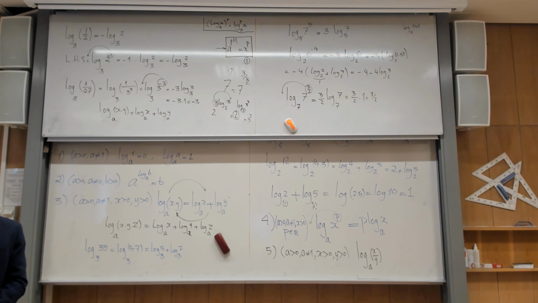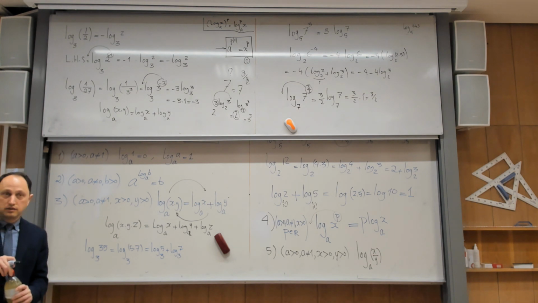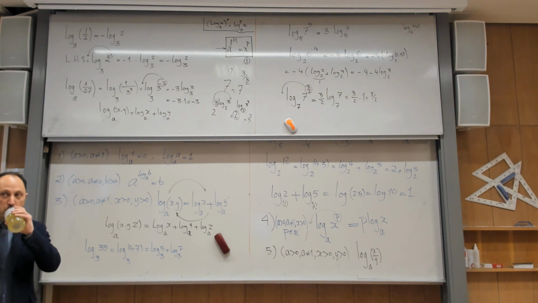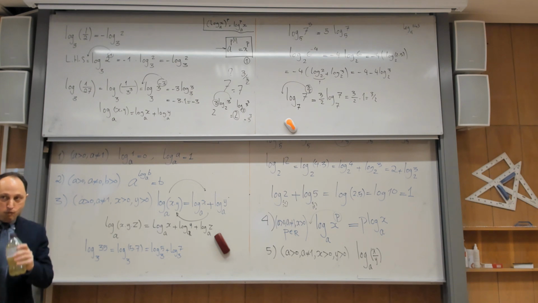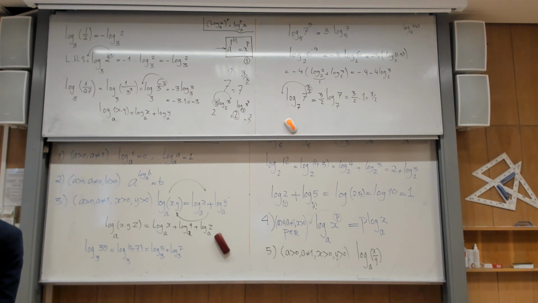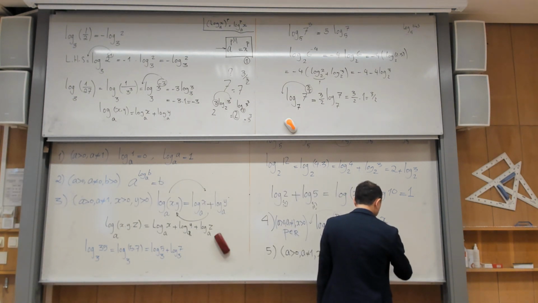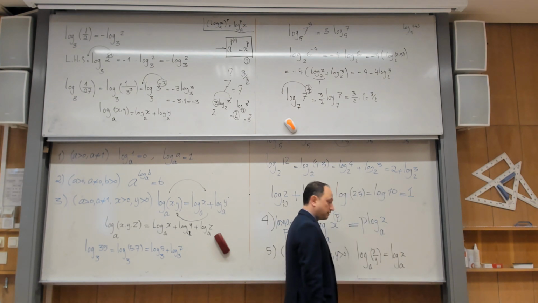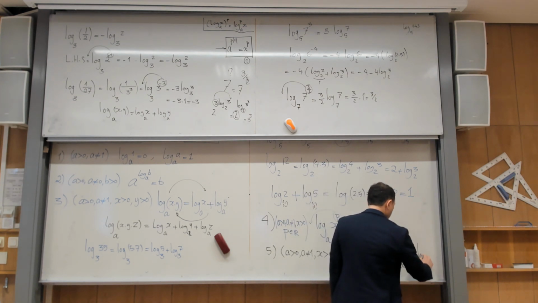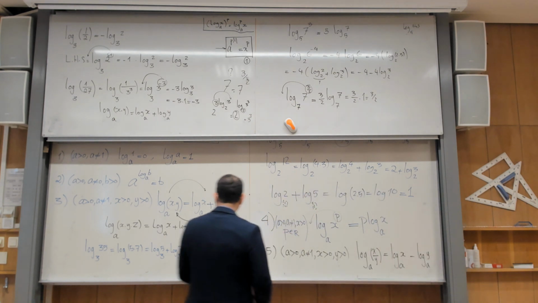What do you think will happen in this case? Subtraction. Yes? Log of x to the base a minus log of y. Yes. So it becomes subtraction, the log x a minus log y a. But can you tell me why?